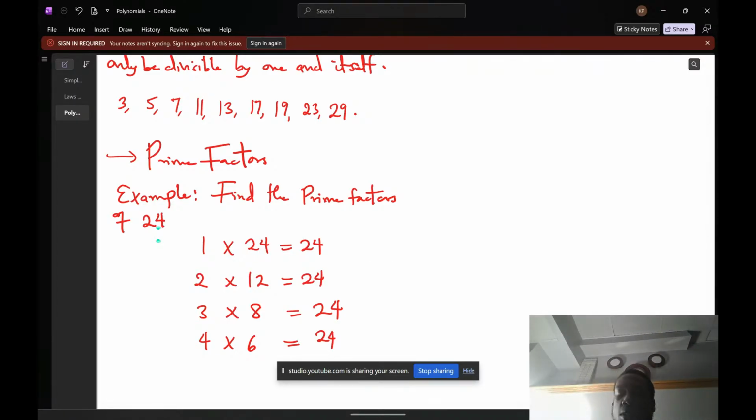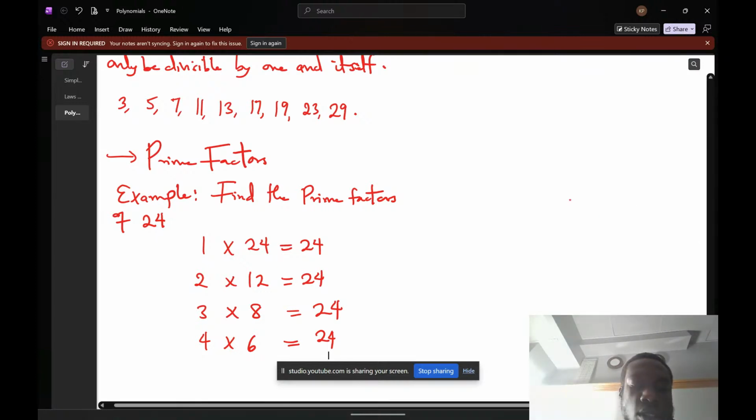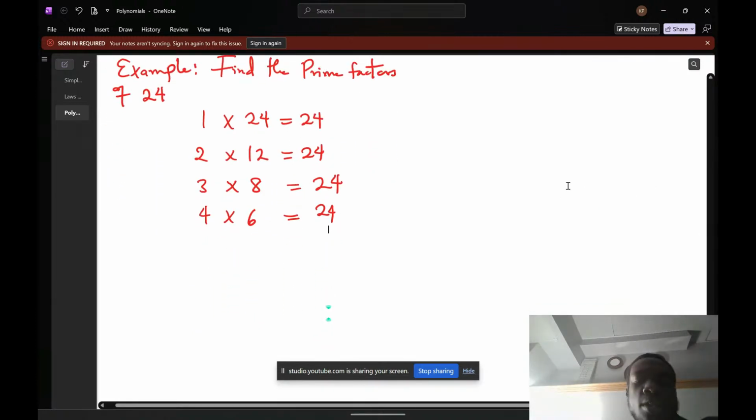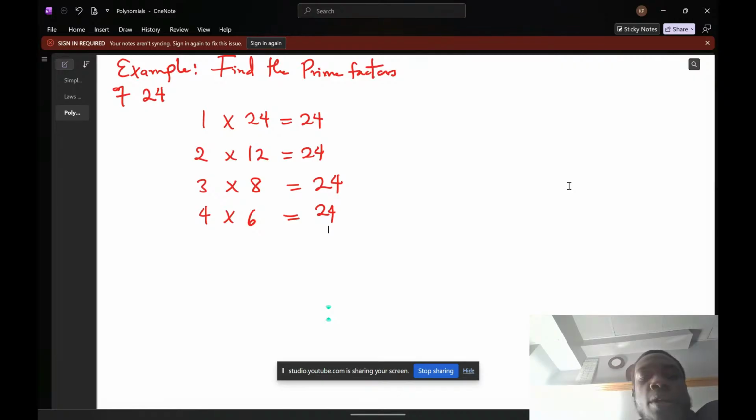Okay. So now let's see, 5 cannot go into 24. Another way I would do it to get the prime factors of 24 is that I will divide 24 until I get the remainder to be 0.